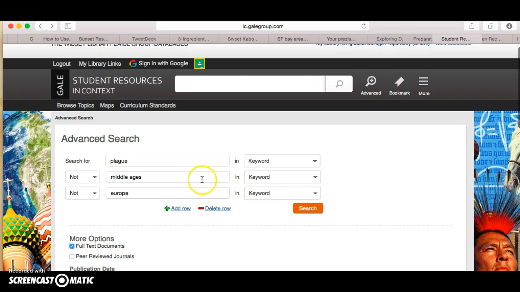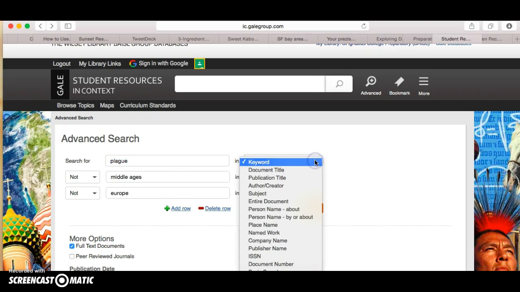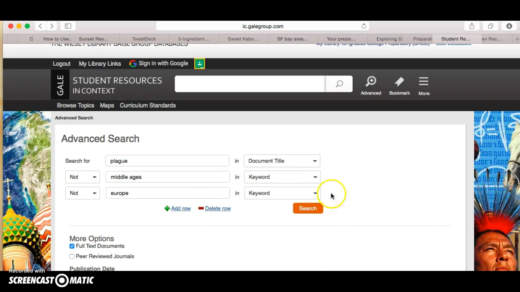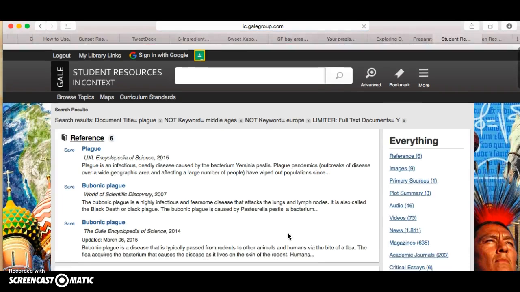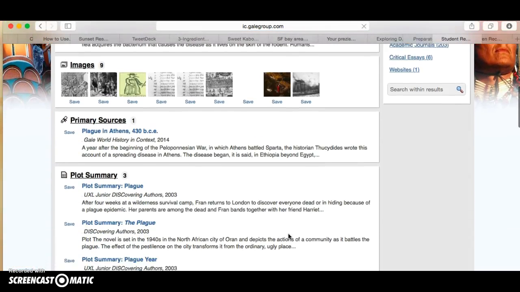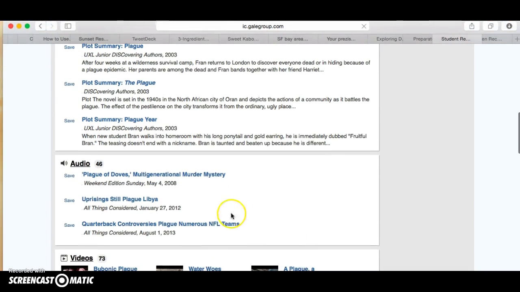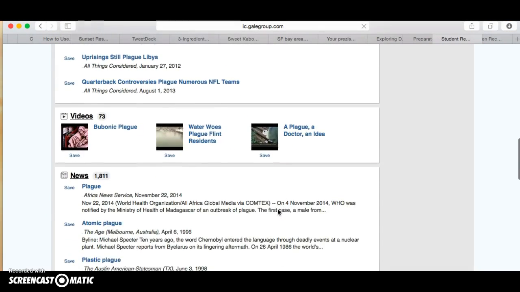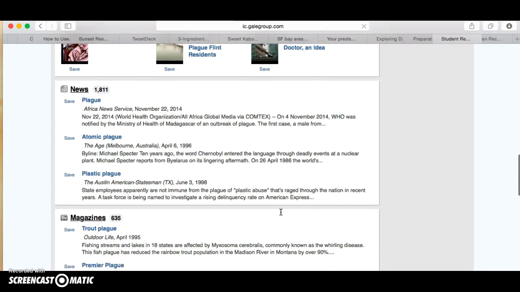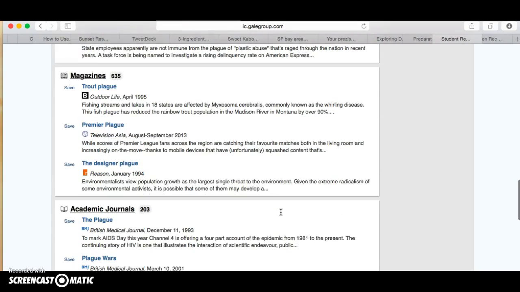What if I wanted to make sure that it was very, very focused on plague, not in the Middle Ages, not in Europe, and so much that I wanted that word plague in the document title? So we have similar things, fewer, trout plague.